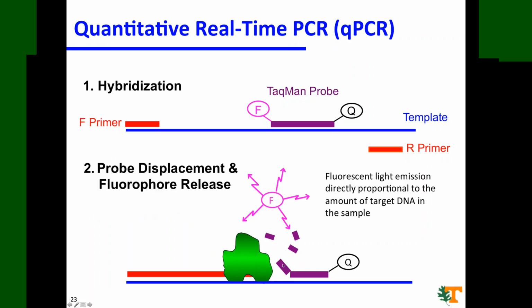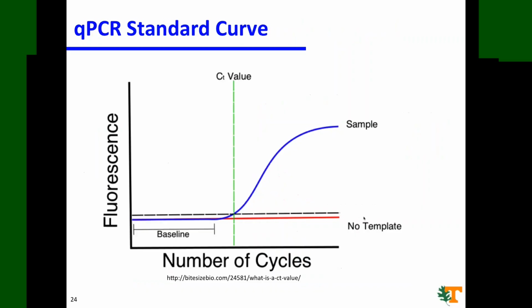The Taq polymerase destroys this probe, thereby releasing the fluorophore from the quenching molecule. And now you have fluorescent light emission. The point here is that the fluorescent light emission is directly proportional to the amount of target DNA in the sample. And that's how you can quantify with qPCR.